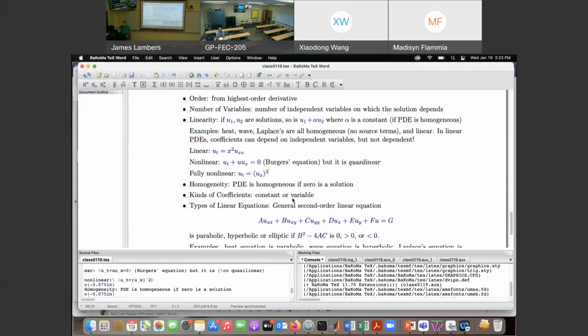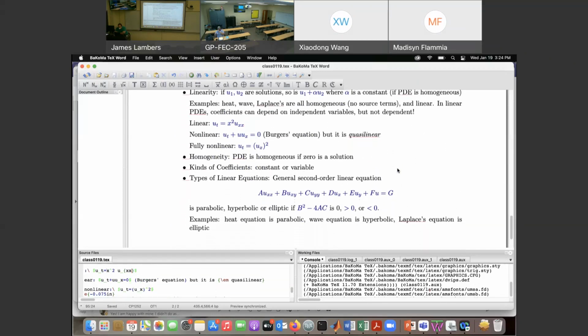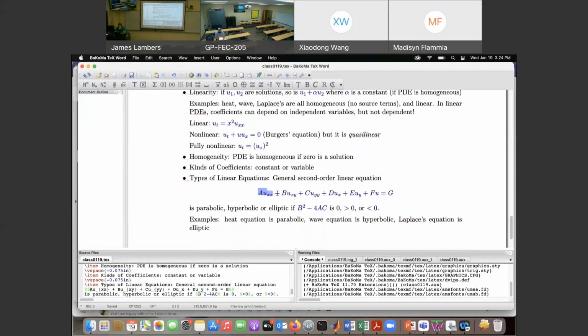Do your derivatives have coefficients? If so, are they constant coefficients, which is again usually the case in this class, or variable coefficients, like this example here. Here's an example of a variable coefficient. And most of the time we'll spend on second order linear equations that can all be written in this form.